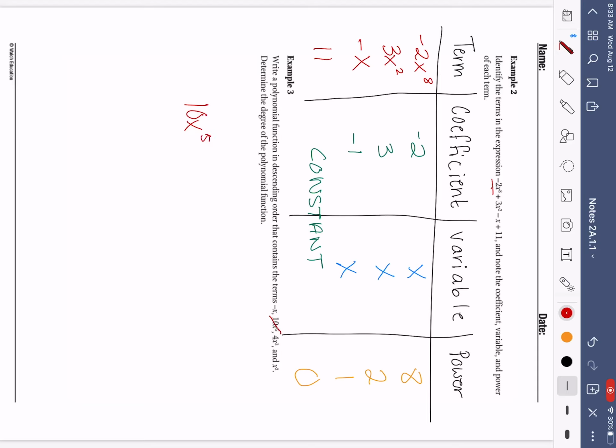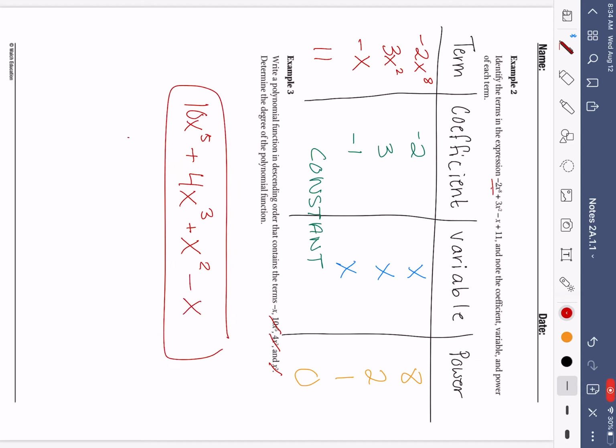Then the next highest exponent is a cubed. It's a positive term, so it's going to be plus 4x cubed. The next highest exponent is a 2. It's also positive, so we write plus x squared. And then our last one is negative x. Since it's negative, we just write minus x.